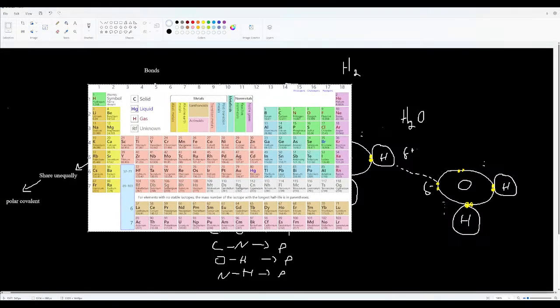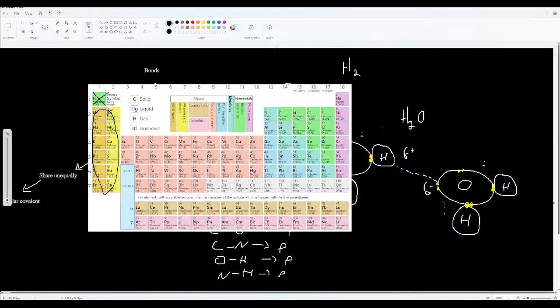So let's look at this periodic table. We're going to ignore hydrogen for now. Elements on the left-hand side are going to want to form ionic bonds, because they're just dying to get rid of those electrons.